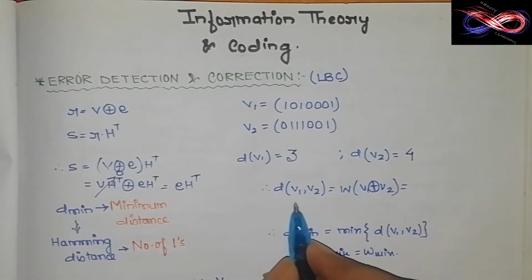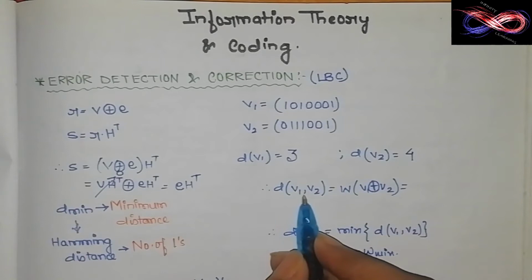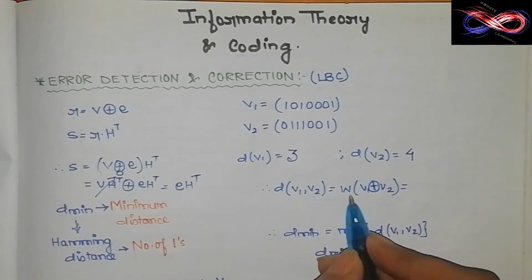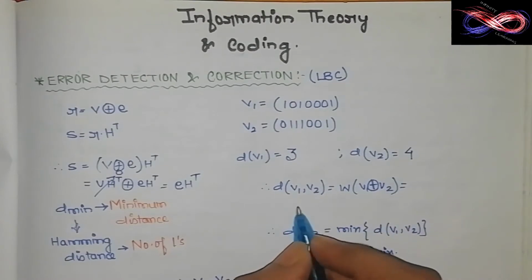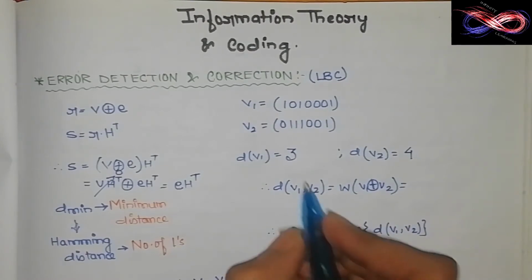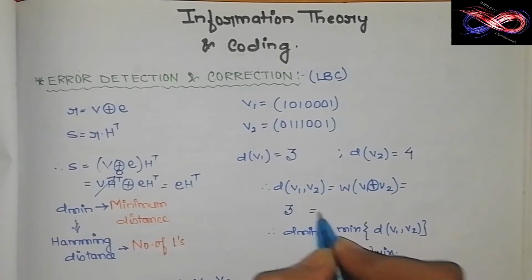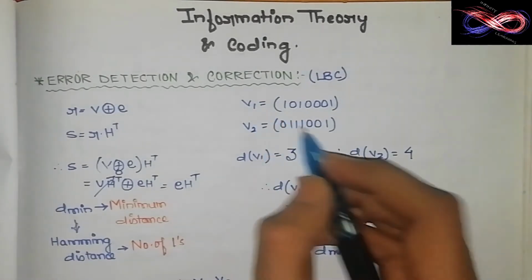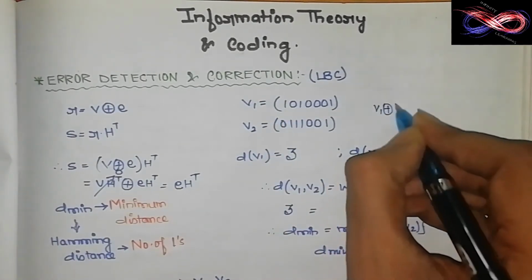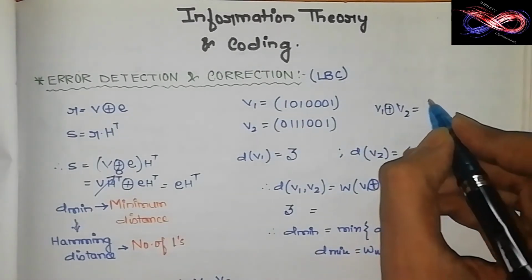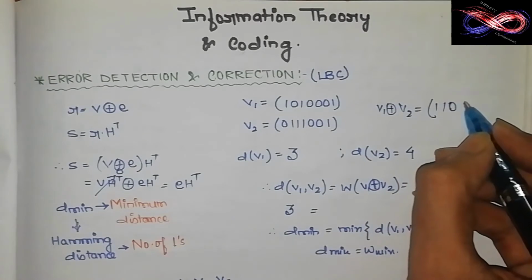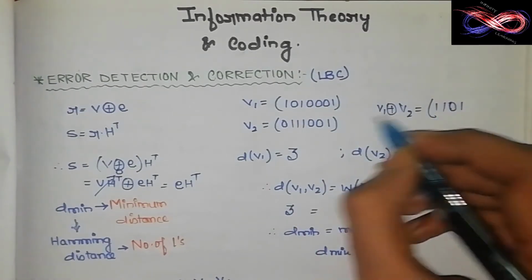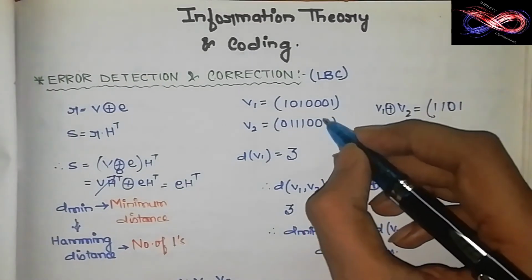Now we can show that the minimum distance of V1 and V2 will be equal to the weight of V1 XOR V2. So the distance of V1 and V2, that is the minimum distance, will be 3. And if we XOR V1 and V2, this will be 1, 1, 0, 1, 0, 0 and 0.